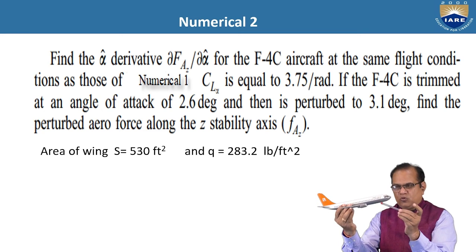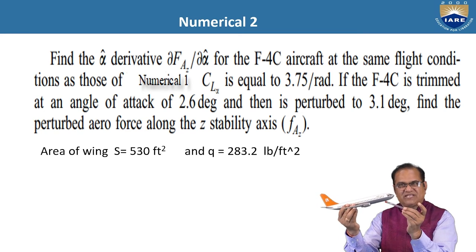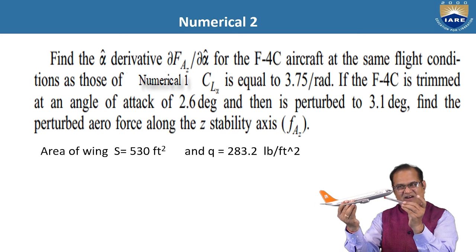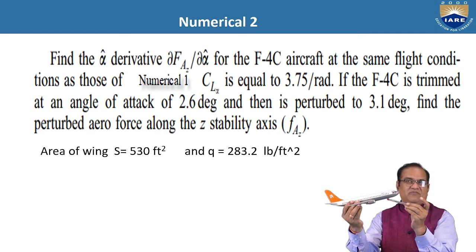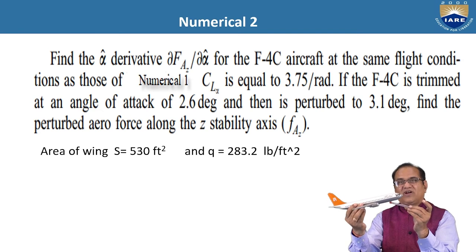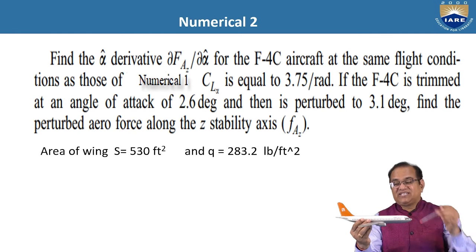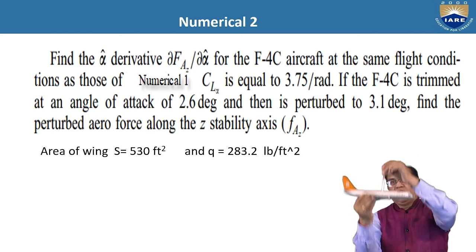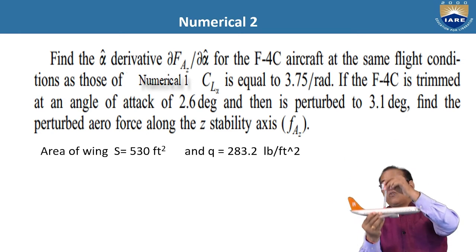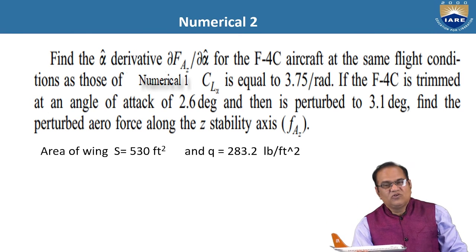Previously, it was 2.6. Due to some perturbation, it is now 3.1. A little change, the angle of attack has increased from 2.6 to 3.1. Then what will be the aero forces in the Z stability axis? This is the Z, so vertical forces. What are the vertical forces that we have to find out?